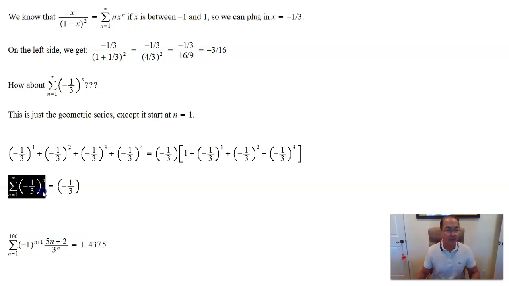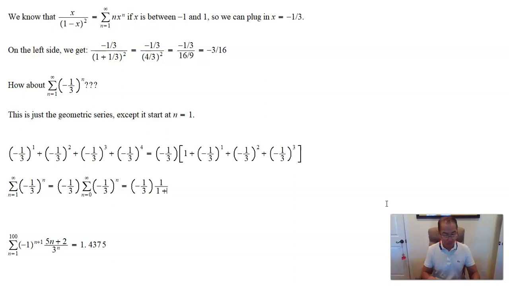And now, this part over here starts at n to the power 0. So that becomes minus 1/3. And we are allowed to use the formula for the sum of a geometric series, 1 over 1 minus r. So this should feel familiar because we did it over there. Okay, 1 minus minus 1/3 is 1 plus 1/3, which is again 4/3. So you're going to get 3/4.